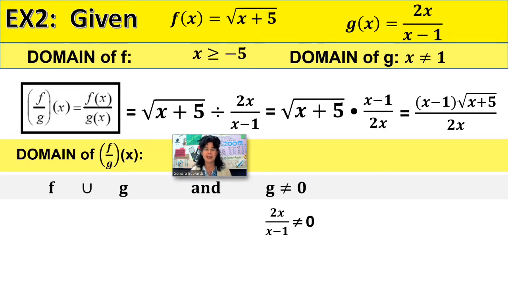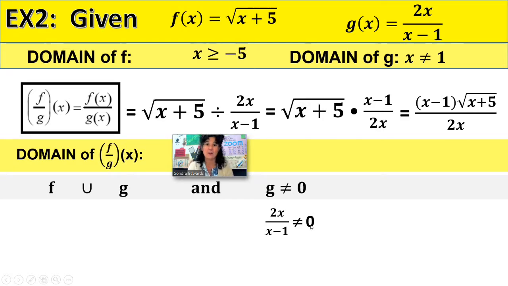So I'm setting the entire g function, because that's the function we're dividing by, not equal to 0. Now, I know that it's easy to mix these two together. We're not finding right now the domain of g. We're finding any numbers that would make this fraction, the g function, equal 0.